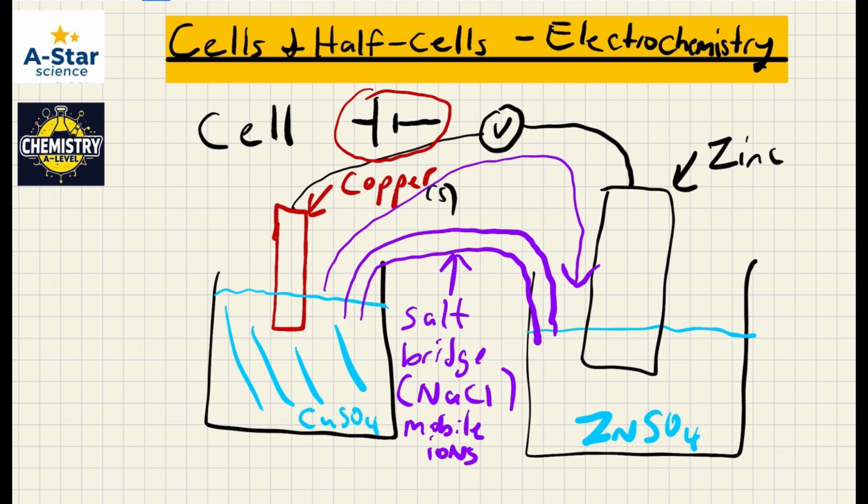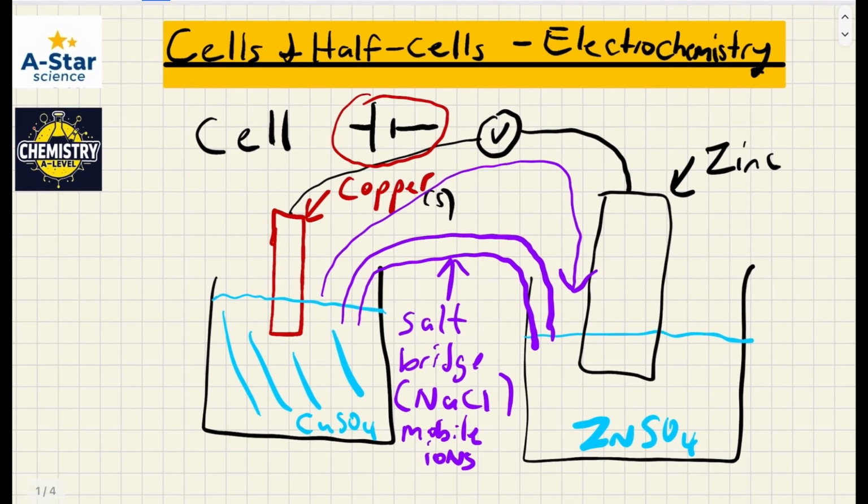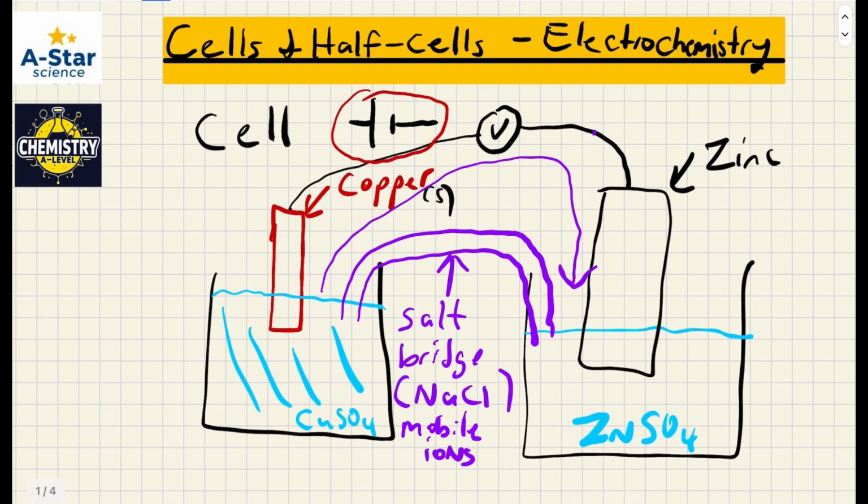Now, you should be asking, well, which way are the electrons going to go? I know that in this case, the electrons are going to go this way, I think I'll do that in red, this way, like so.